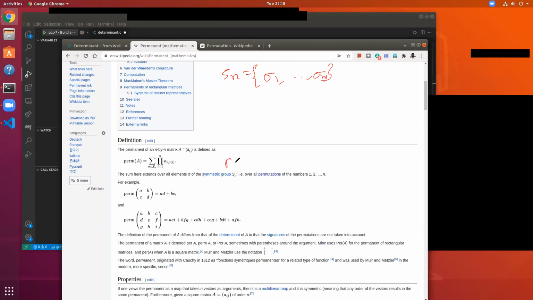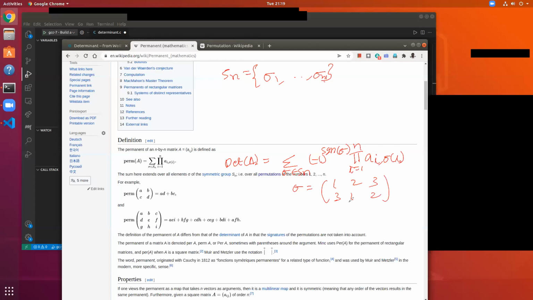And surprisingly, the determinant of A is also the same. It looks exactly the same. You look at everything and you say -1 to the power of the sign of that permutation, times the product over i equal to 1 to n of A i sigma(i). So let's look at a permutation of this form: 1 2 3, 3 1 2.